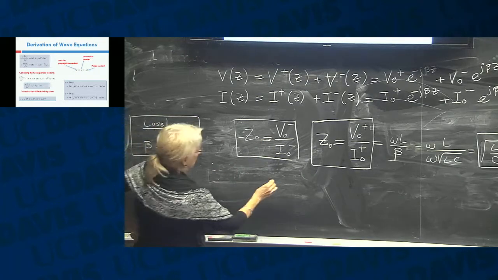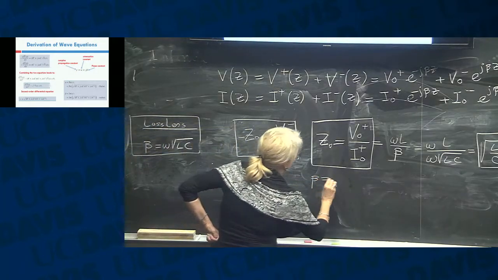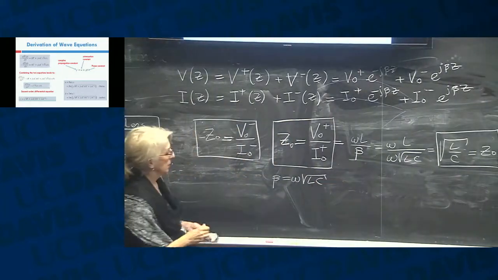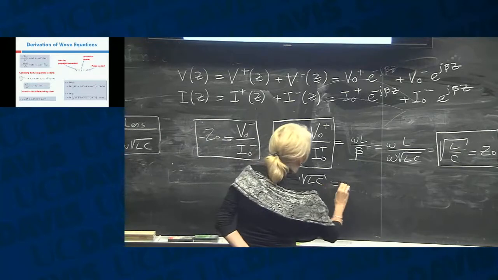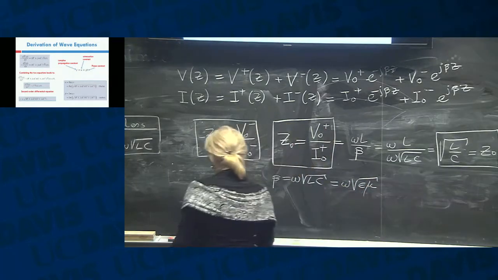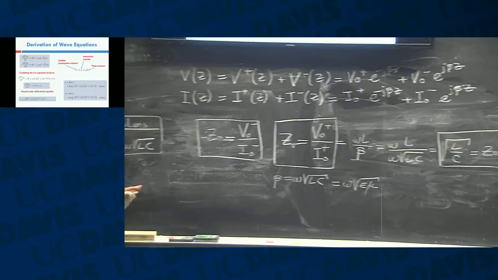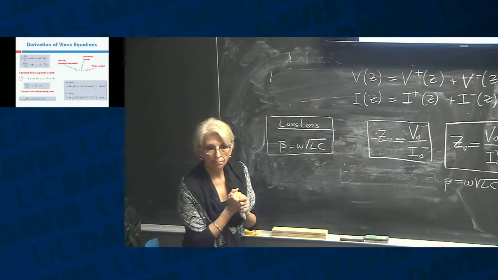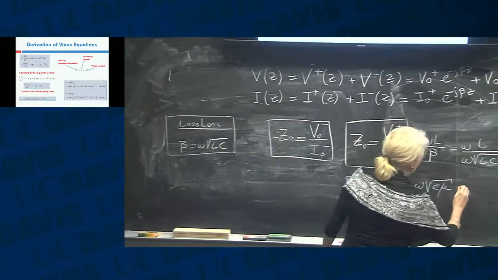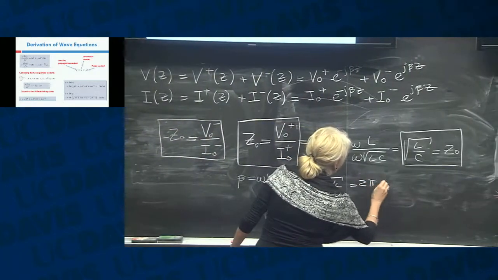And that beta is omega square root of LC, or omega square root of epsilon mu. Or, of course, we may use 2 pi over lambda.